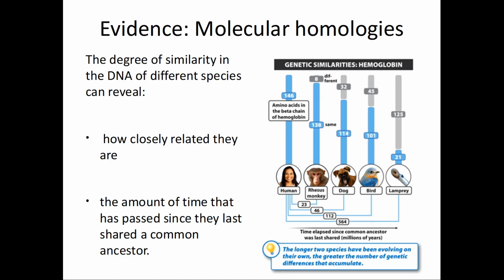All right, so we have 138 similar amino acids on our hemoglobin as a rhesus monkey, and 114 as a dog. We have 101 similar amino acids in hemoglobin as birds, and 21 as a lamprey. So not all that close to lamprey, but the idea is that you can kind of tell the amount of time that's passed based off of how our hemoglobin sequence or structure has changed.